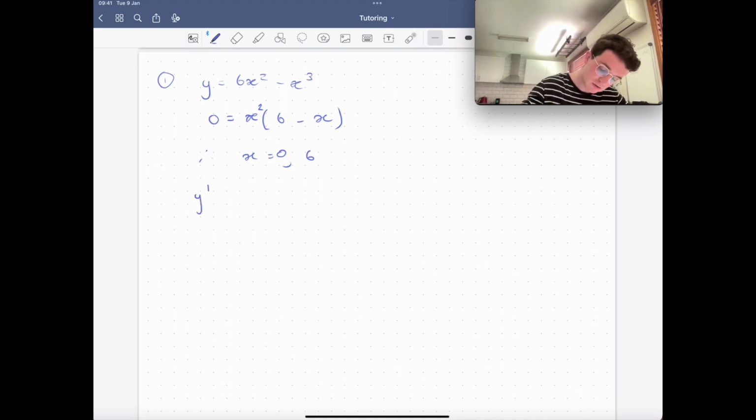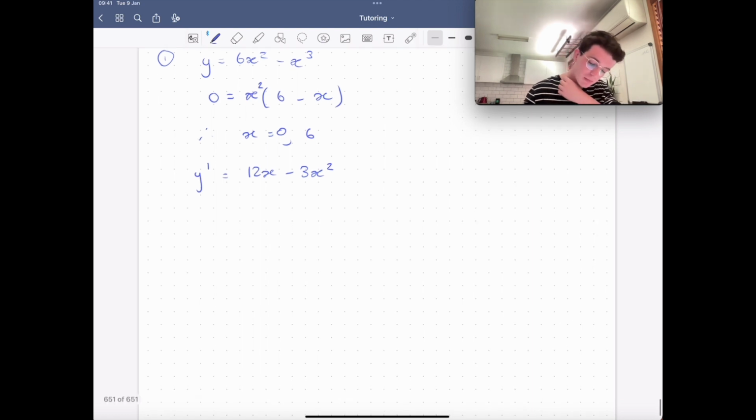So y', the first derivative, is equal to 12x minus 3x squared. Make that equal to 0 to get our stationary points. We take out a factor of 3x, and we have 3x(4 minus x). So my stationary points occur when x is equal to 0 or 4.